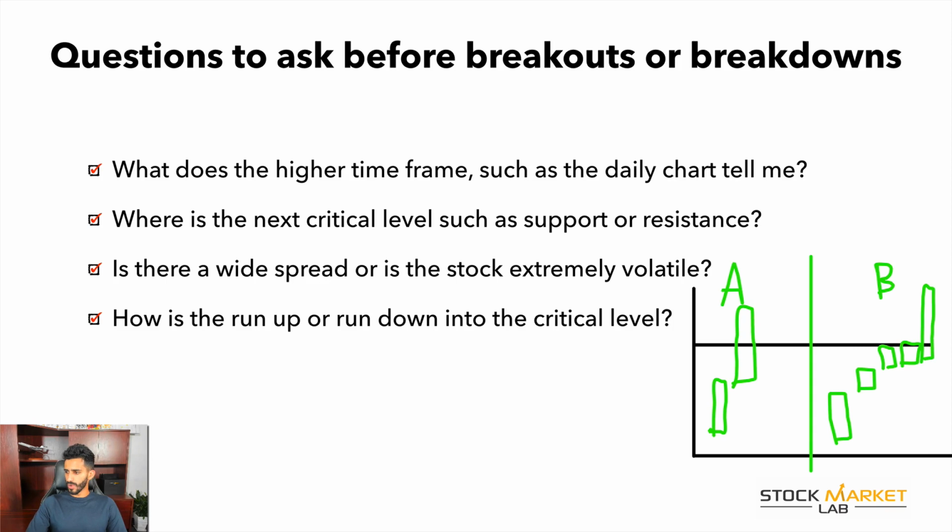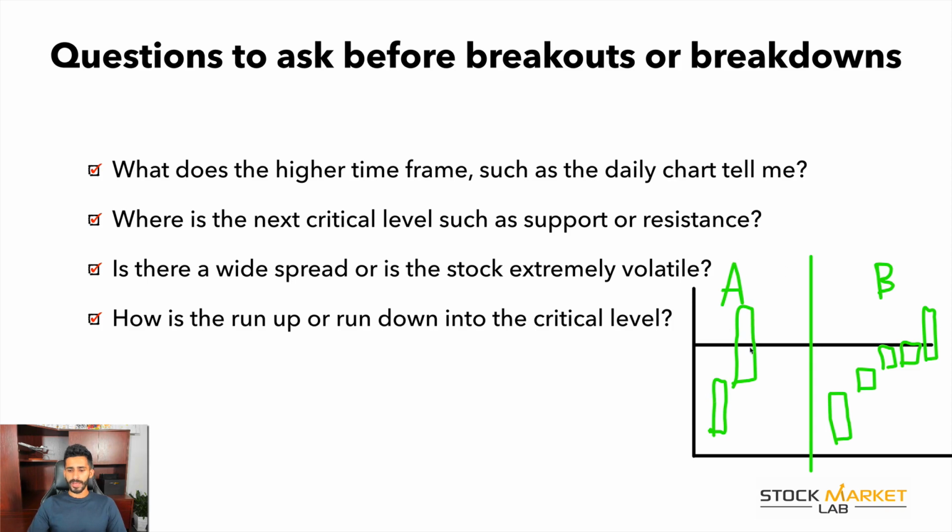If you were to take one of these trades, or if I was to ask you, which one do you think is a stronger breakout? Obviously, let's put volume and everything else to the side, and let's just focus on A or B. And I asked you, hey guys, what do you think is a stronger breakout? Is it A or is it B?